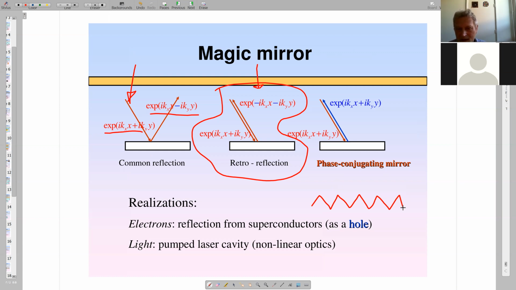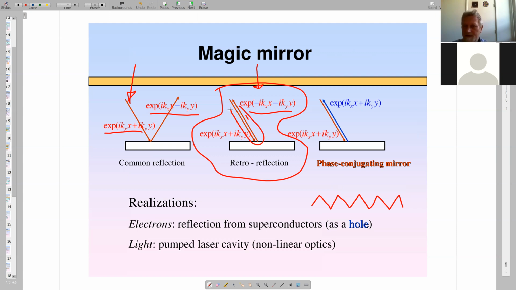What would be really magical is a phase conjugated mirror. Look, in retroreflection, the phases of these two waves are not the same, they're opposite. So there's a phase shift which is accumulated if I go from here to here.